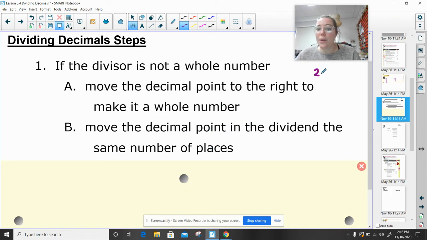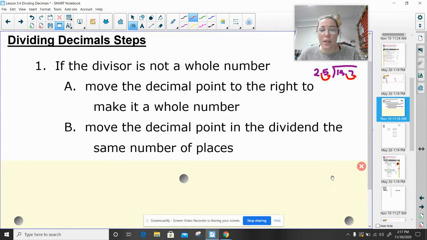So if 2.5 is my divisor and my dividend is 13.7, I need to make the divisor a whole number. So 2.5, I make it a whole number by taking the decimal to the end. It was 2.5, now it's 25. I moved this one, so I have to move this one.